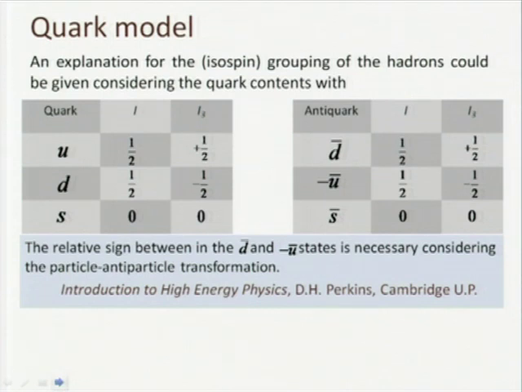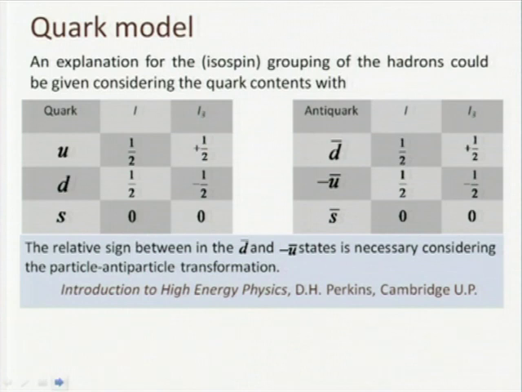You see that I have put a minus sign there. What is the meaning of putting a minus sign in a symbol? Basically, when I put these symbols u, d, s, u bar, d bar, s bar, we can also think about the associated wave functions representing the corresponding particles.